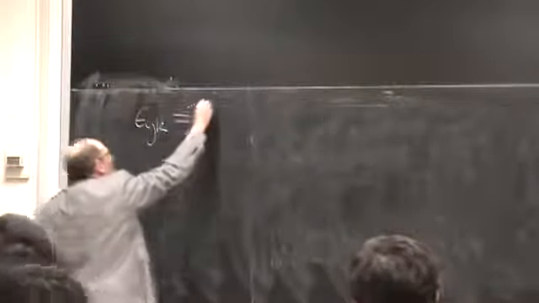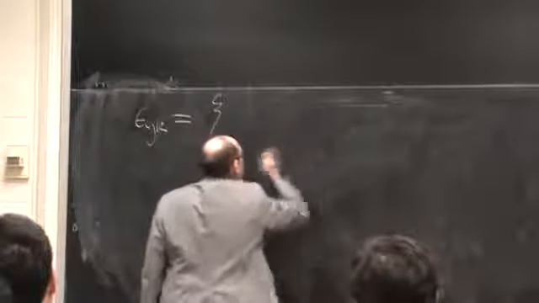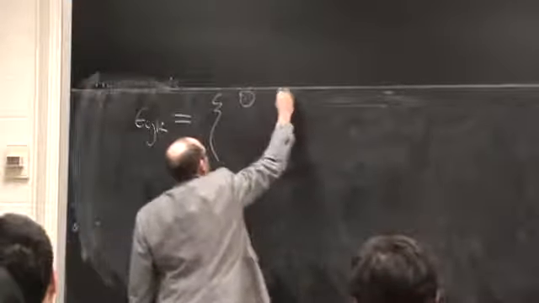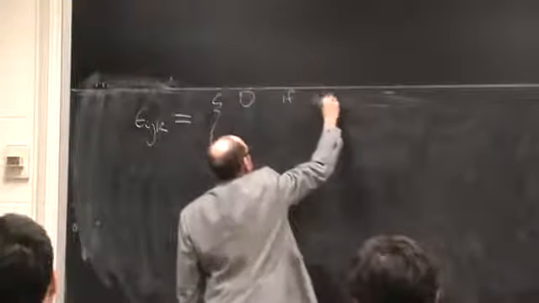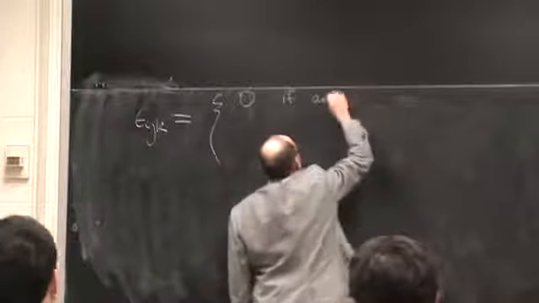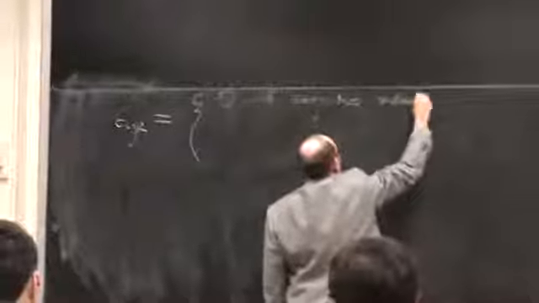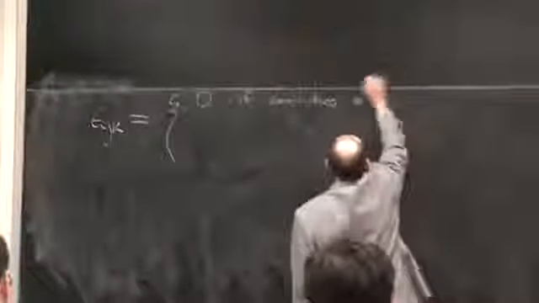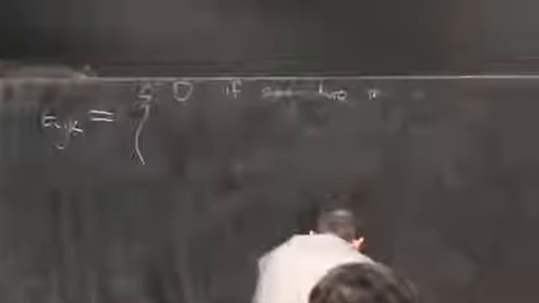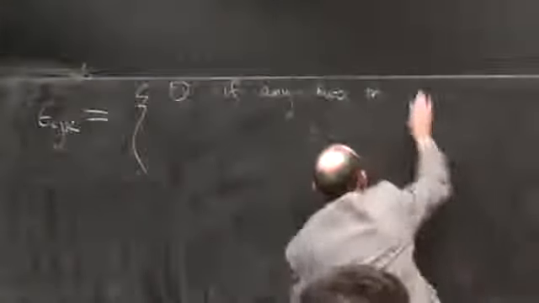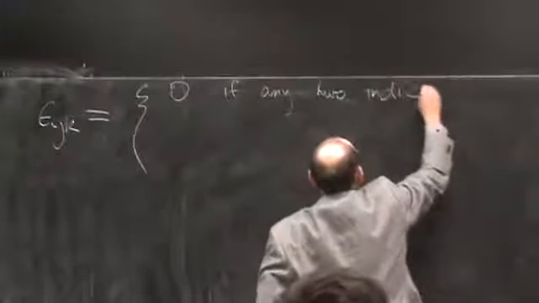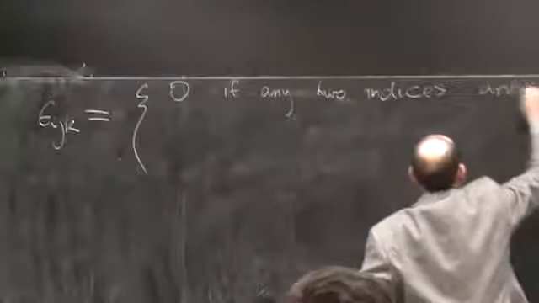Right. So epsilon ijk is 0 if any two indices are equal.